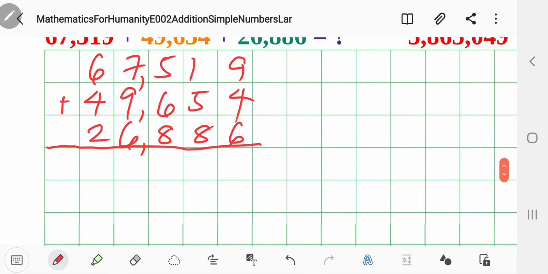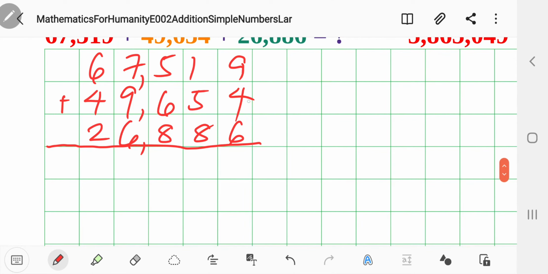So here you have 9 plus 4 is 13, plus 6 is 19. So you write the 1 here and the 9 here. And then starting with 1 plus 5 is 6, plus 8 is 14. So you write the 1 here and then 4 here. And then the next column, you have 5 plus 6 is 11, plus 8 is 19.